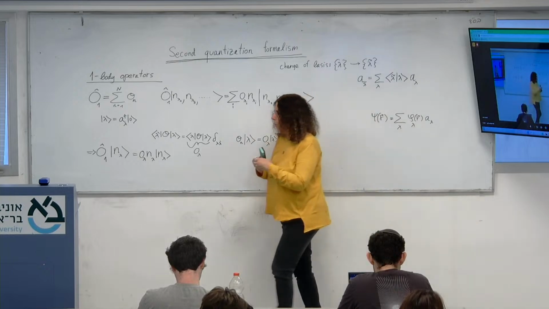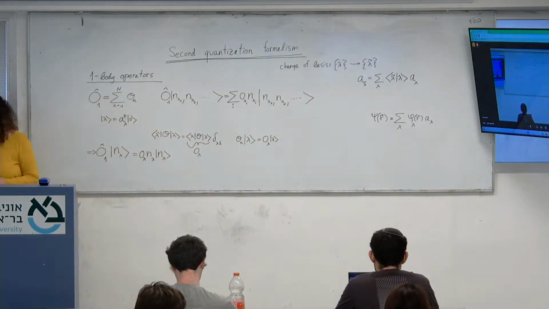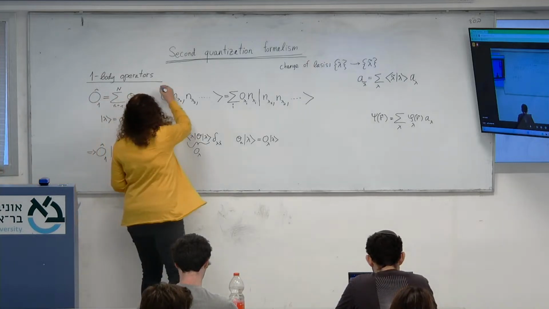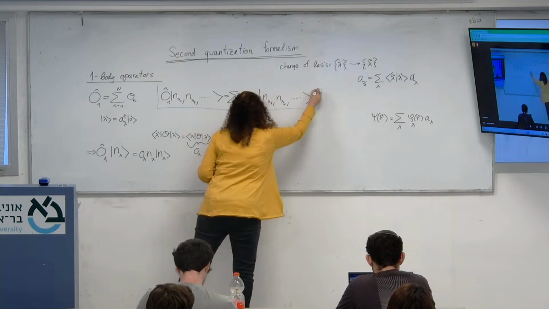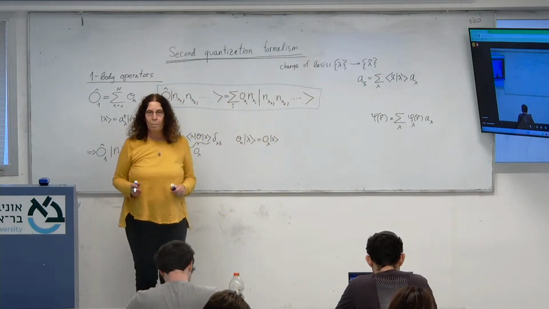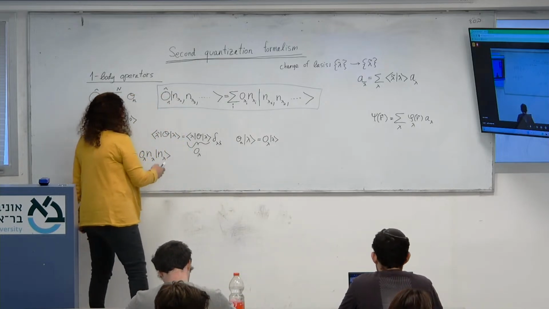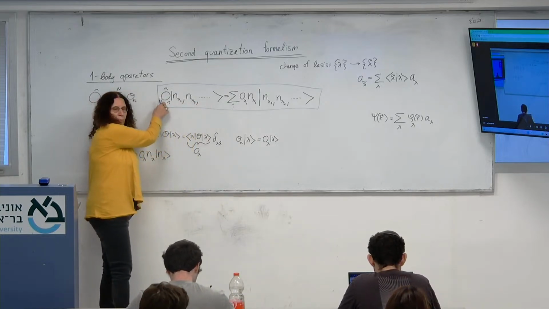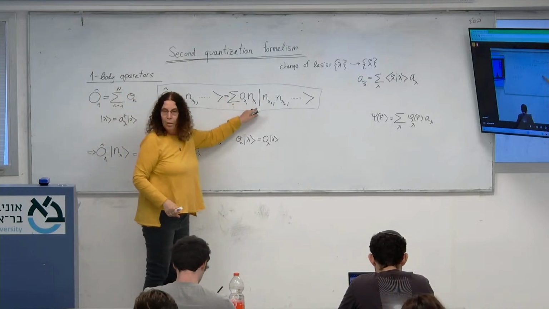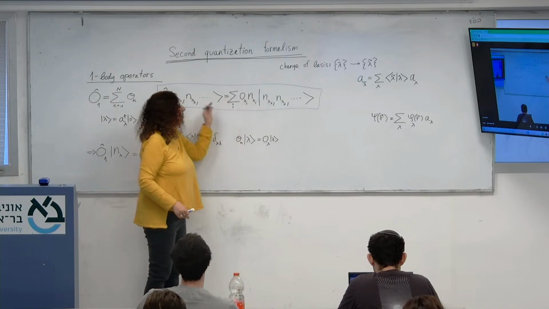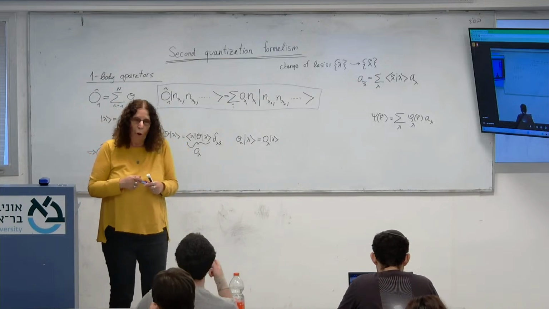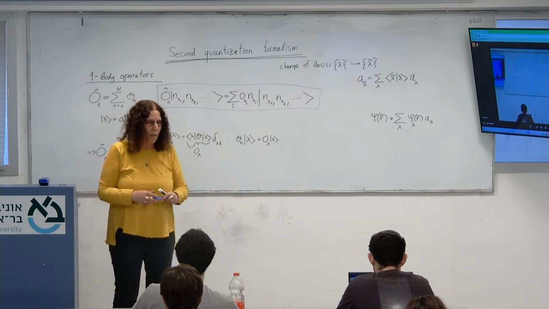All right, so this equation tells me that all the states that span the Fock states, the Fock space, are eigenstates of a single body operator with eigenvalues given by this. Okay? That's only for the basis. This is all for the basis of Fock states.